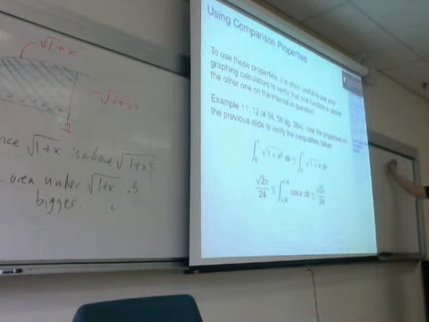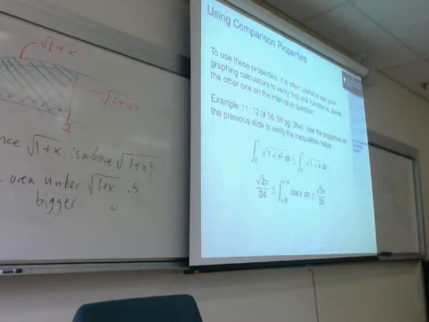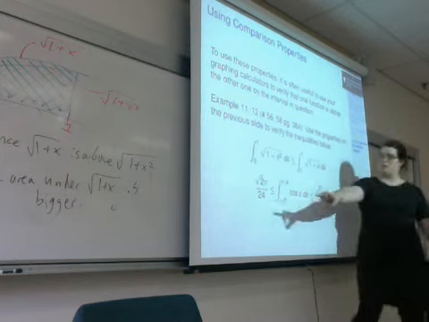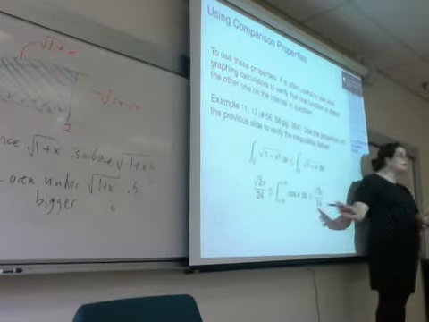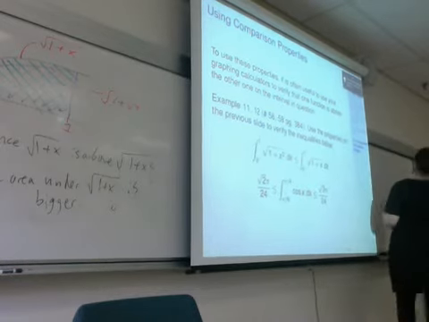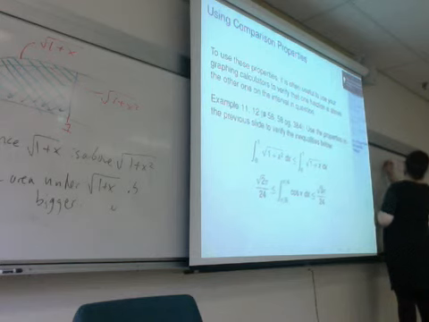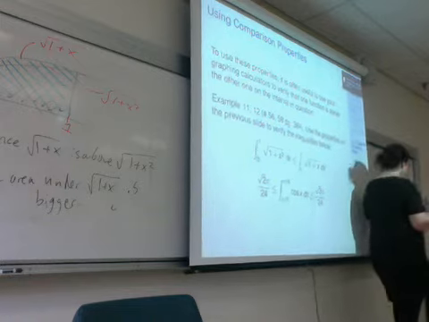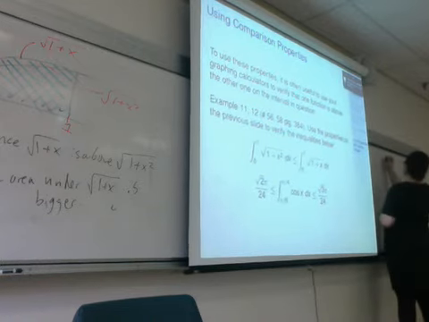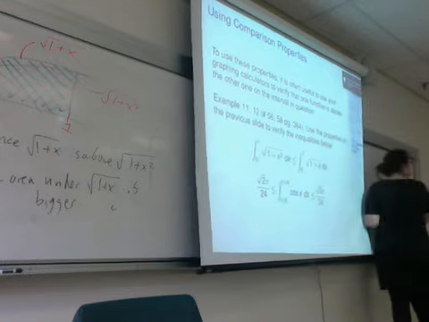What I'm trying to measure is that green area. I want to show that the green area is bigger than this thing and smaller than this one. The idea is that I'm comparing it to two different rectangles: the red rectangle and the blue rectangle.